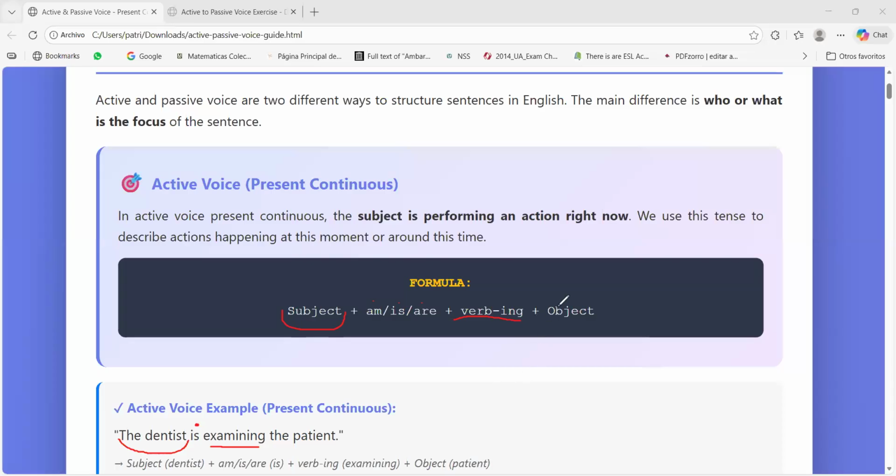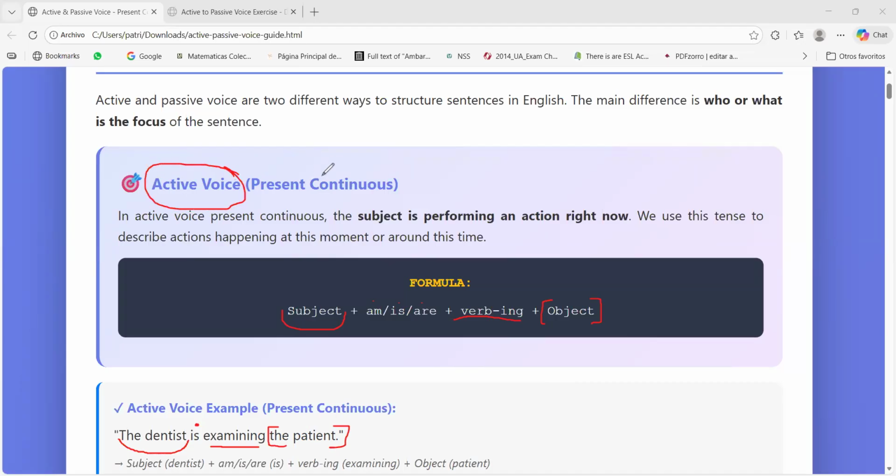And an object. Object could be a person or something. The patient. Our formula and example.